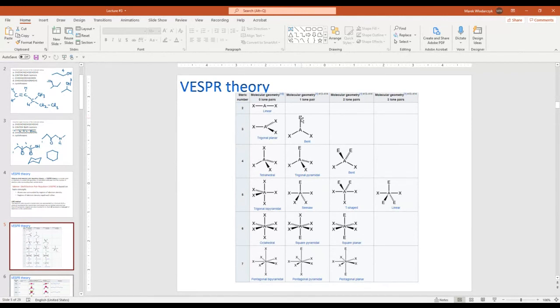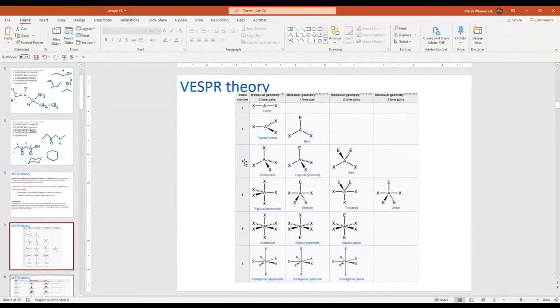In this theory, the lone pair of electrons does not affect the structure of the molecule. To predict the structure, you just have to assume that it's an empty space, which is of course not true, but for this theory's purposes, this is what happens here. Now 2 of the ligands are, as you can see here, bent.